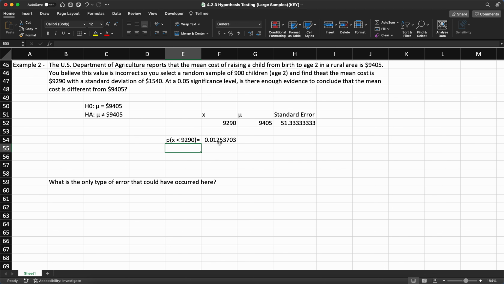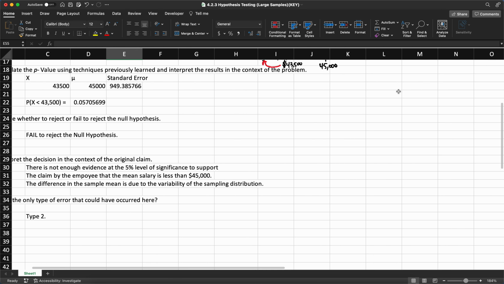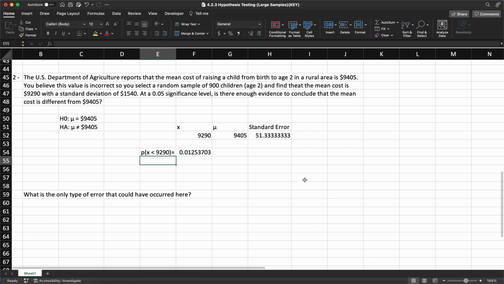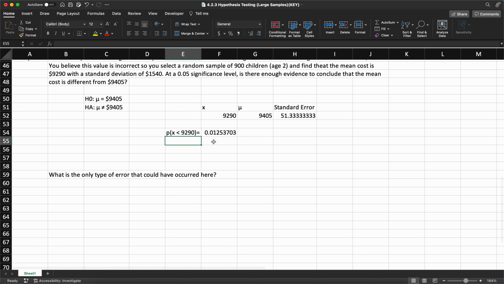Okay. Now, this would just be the probability on this left side of my curve. So I also would find the probability that something would be above that. So I need to double this amount. So for the two-tailed test, I'm going to take the probability I got and multiply it by 2.